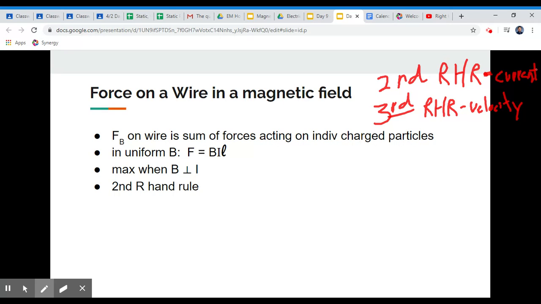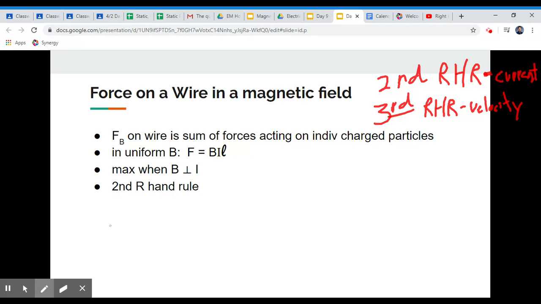In a little bit, I've got a video that shows a really good demonstration of that. All right, but for this equation, similar to yesterday's equation, instead of using charge of a particle and velocity of a particle, now we're going to be taking current running through a wire and length of the wire in order to solve for the force.